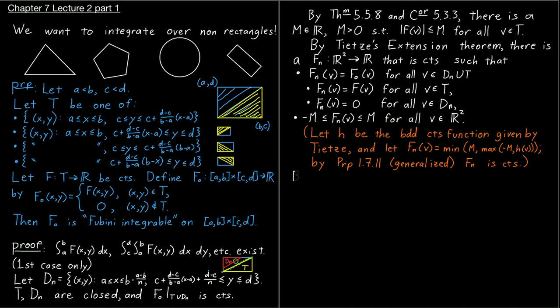And by homework 30, by the homework we did last time, because Fn is continuous on this rectangle, we have that Fn is Fubini integrable, meaning you can change the order of integration, and all the conditions I don't want to write out about your one-dimensional integrals actually existing have to hold.